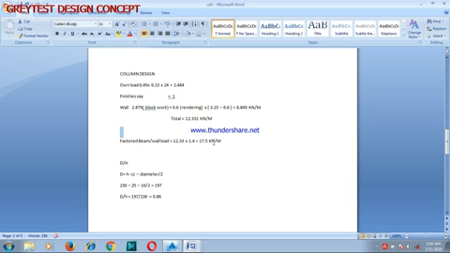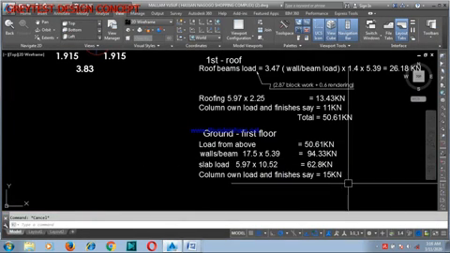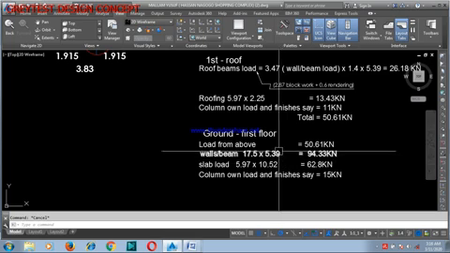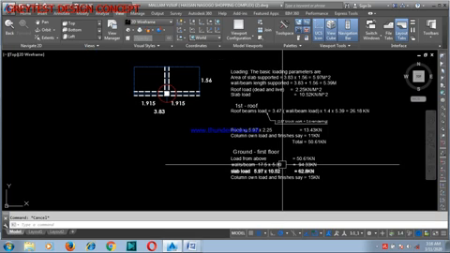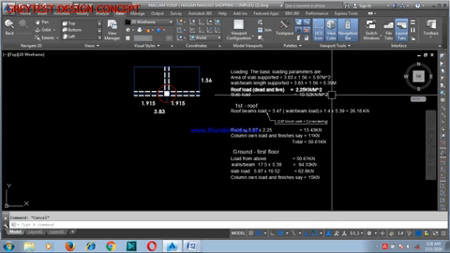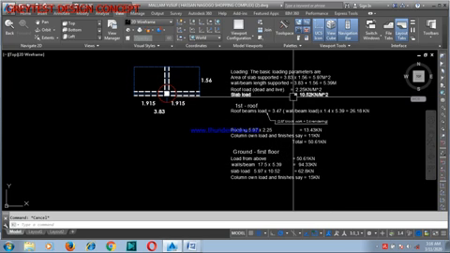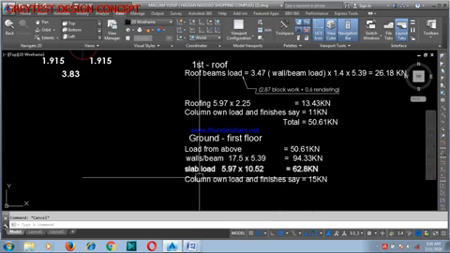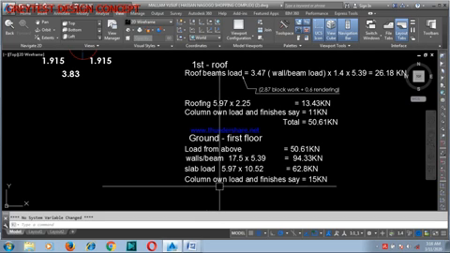I believe you understand what is going on here. Come back to this 17.5, multiplied by the wall or beam length, which is 5.39.